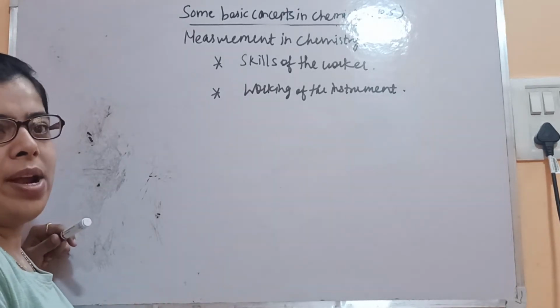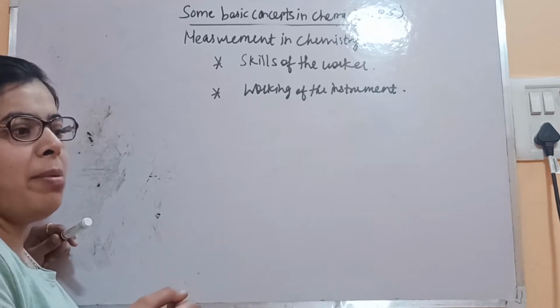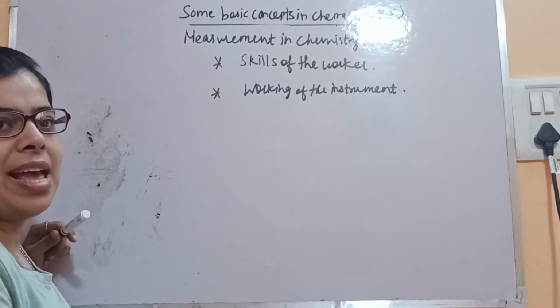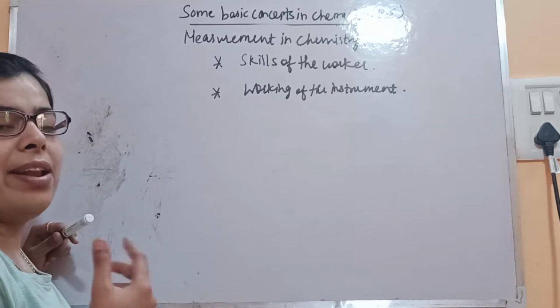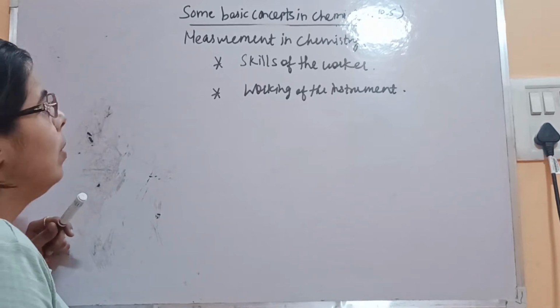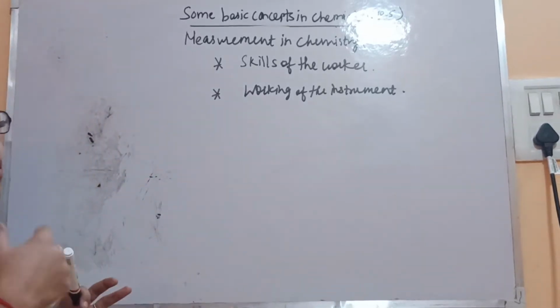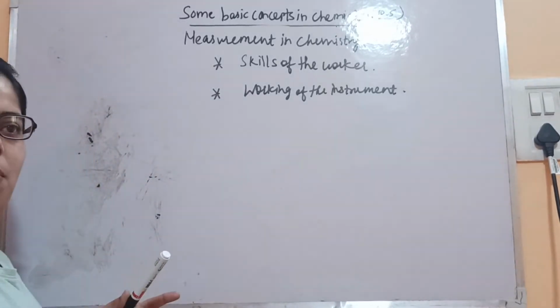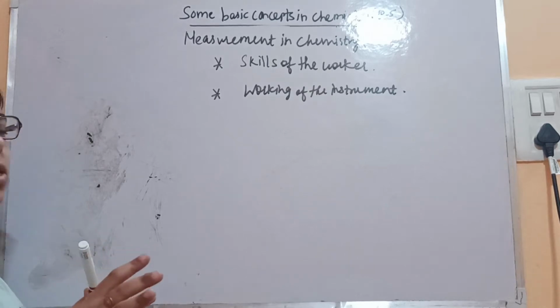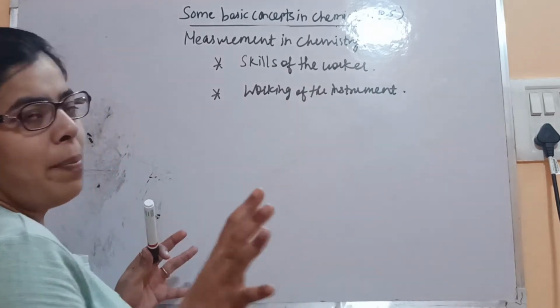Otherwise, if we are doing some experiments, sometimes our reading doesn't match the exact one. It means we are doing something wrong, error is coming. And then, is the instrument correct, is its least count proper, and is everything set right in the particular instrument.